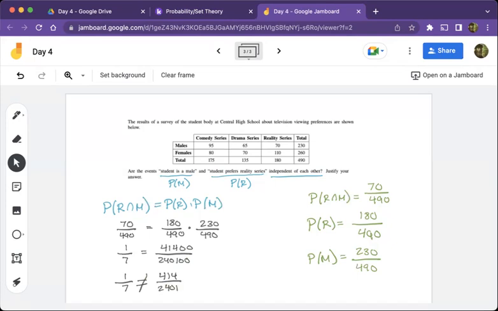They do not equal each other. So I'm going to put a little statement here. No, they are not independent, because P of R and M does not equal P of R times P of M.